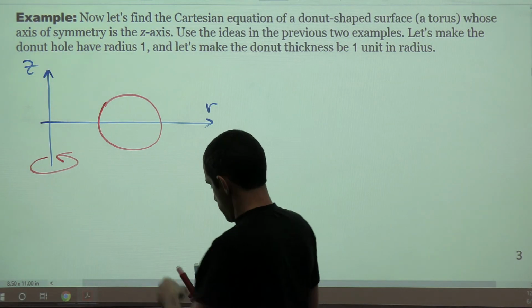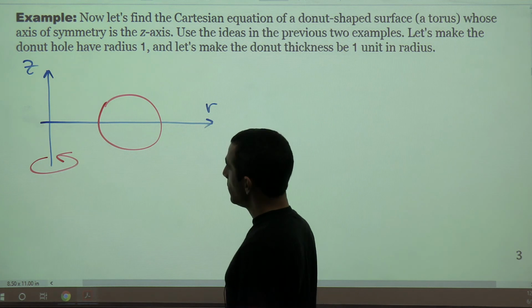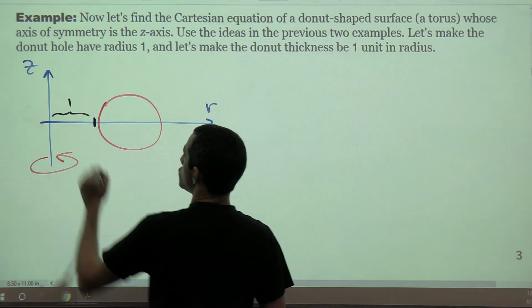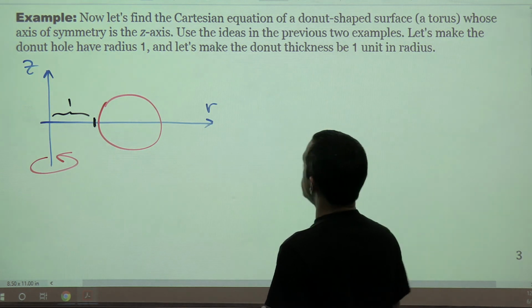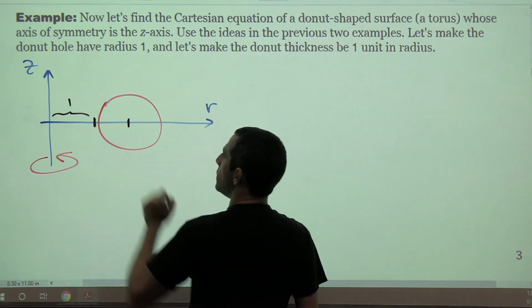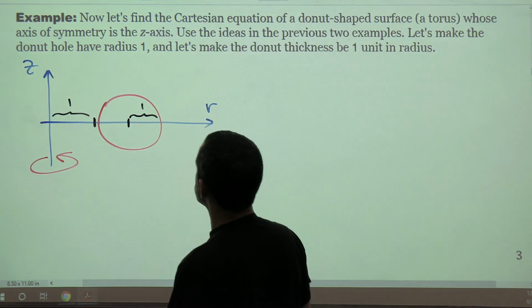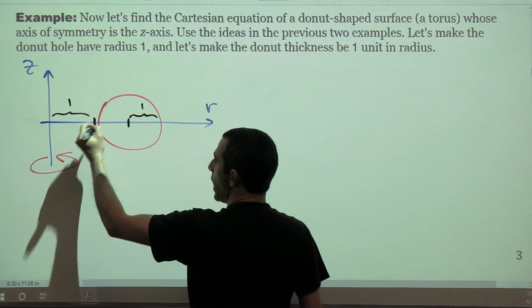So the problem says that the donut hole should have radius 1. That means that this distance here should be 1. And then it says that the donut thickness should be 1 unit in radius. That means that this should also be 1 unit in radius. So this value on the r-axis is 1.